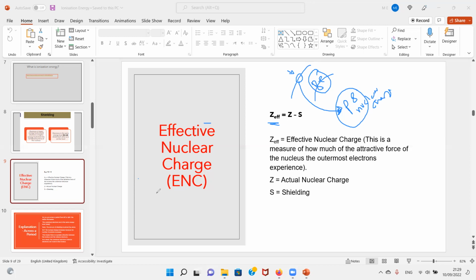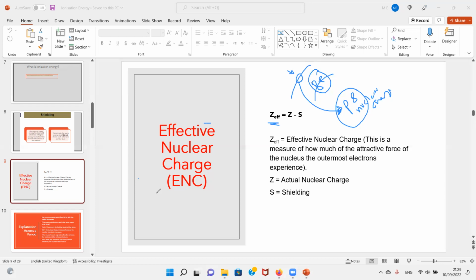So far we have learned about shielding, which is caused by the core electrons between the nucleus and the outermost shell electrons, or the valence electrons. These electrons in between shield the nuclear charge. They don't let the nuclear charge, or the charge of the protons, reach the electron in the valence shell.